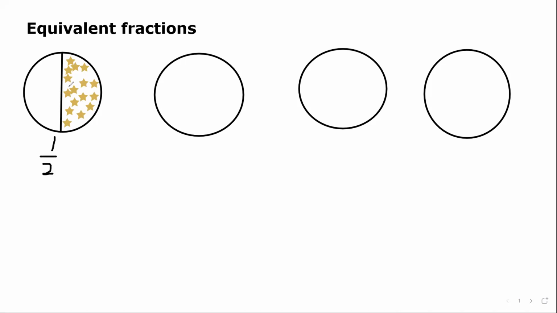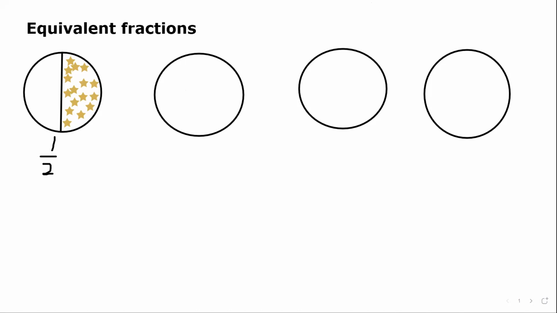So the orange has been divided into 2 equal parts, but only 1 has been taken. Therefore, we call it 1 out of 2, or 1 over 2, or half. Okay, good.